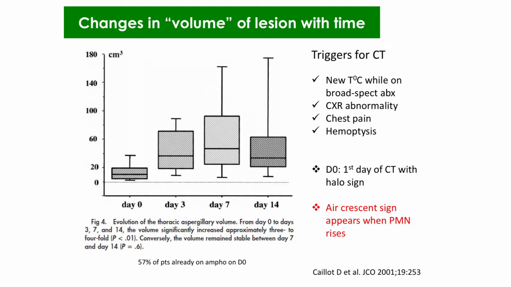And as you can see, as the days go by, no matter whether or not the patient is treated, the volume of the lesion will increase, and it will take time before it will come down again. Of course, you may criticize the study by saying that in those days they only had ampho-B and itraconazole. And an air-crescent would only appear after the polymorphs return.